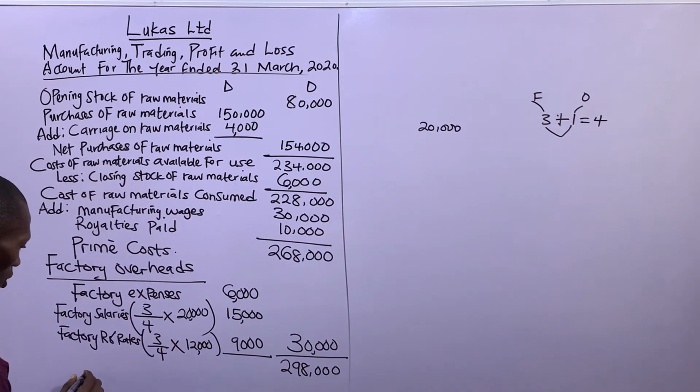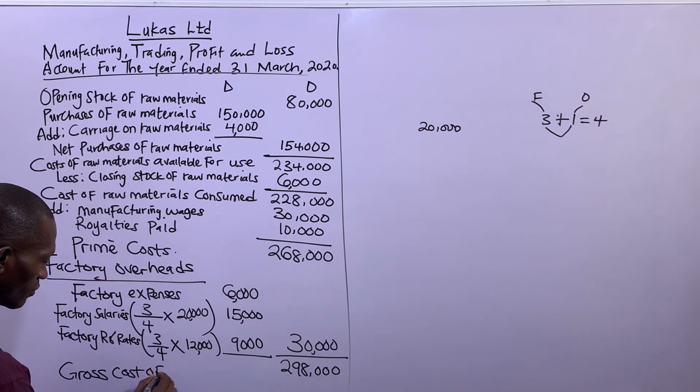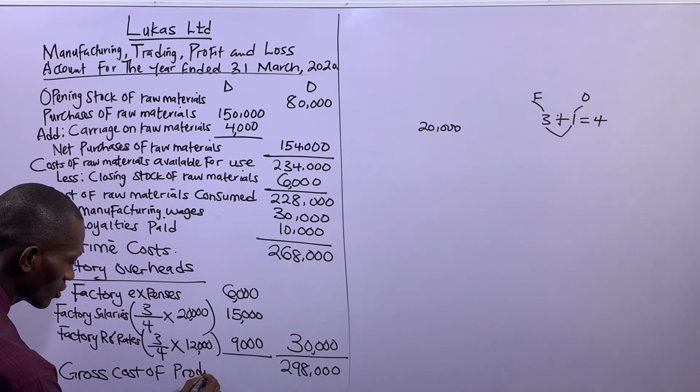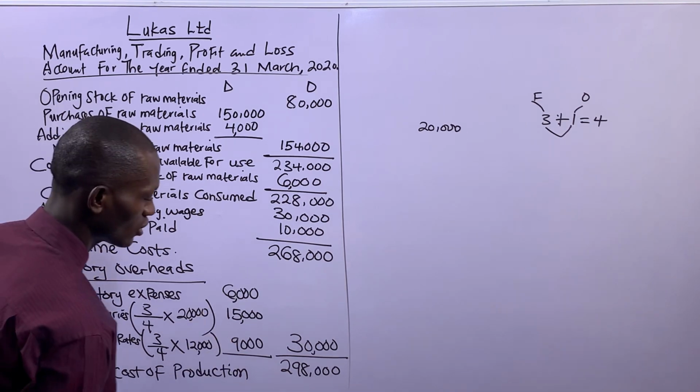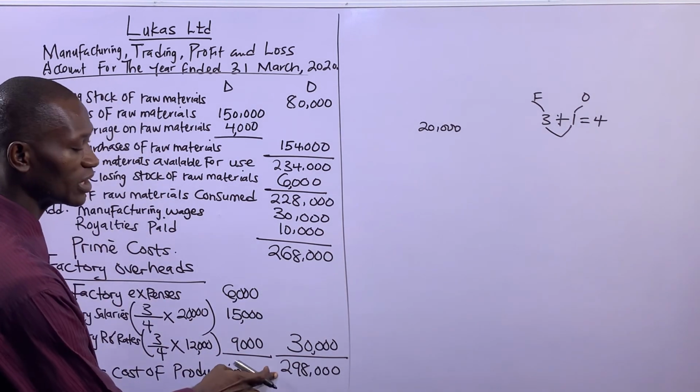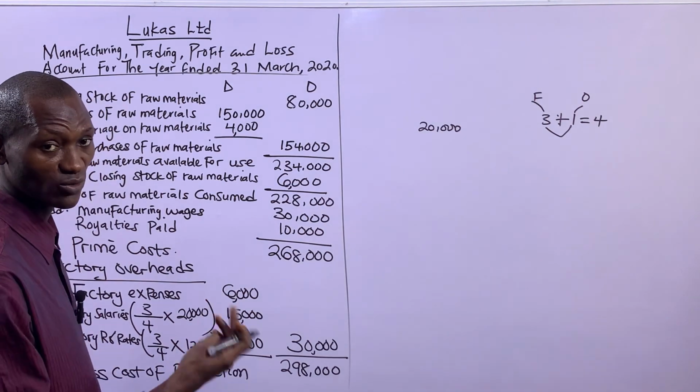This we call gross cost of production. This should have been our factory cost of production.